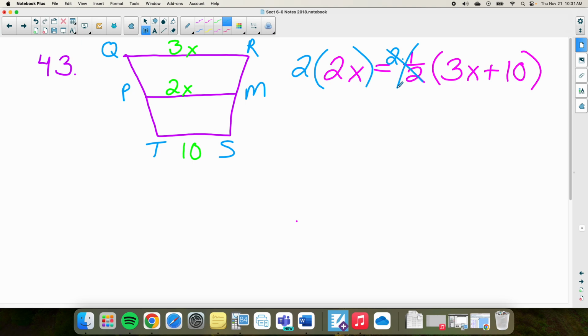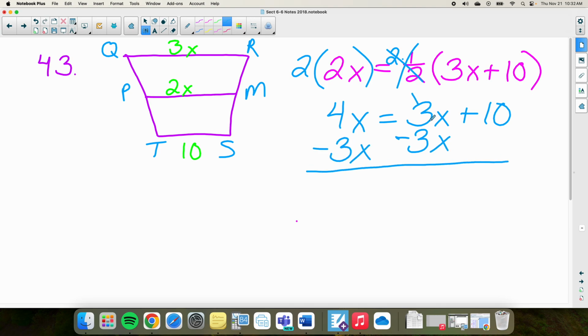And what I have over here is 2 times 2x, which is 4x. And over here, I have 3x plus 10. And then I can go ahead and solve that, subtract 3x, and I get that x is 10. Okay? And is that what they asked us for here?